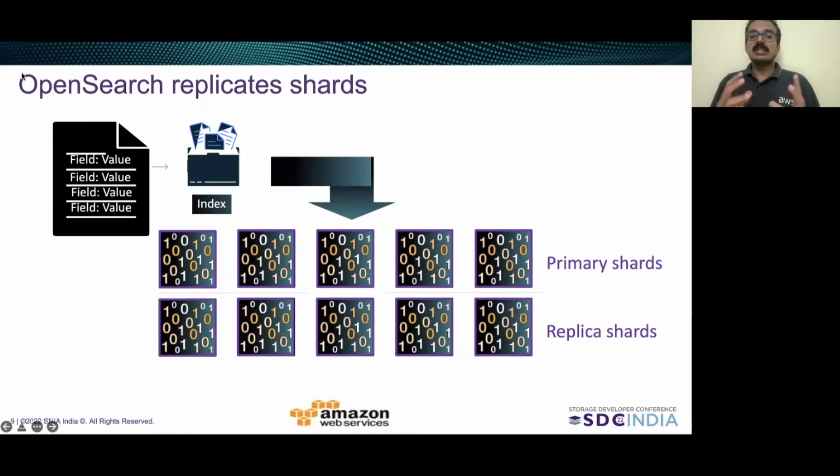Each primary and replica can be hosted on multiple hosts so that if a host failure or a zone failure happens, the data is durable in the replica shard, and both the writes and reads can be served from the replica shards.